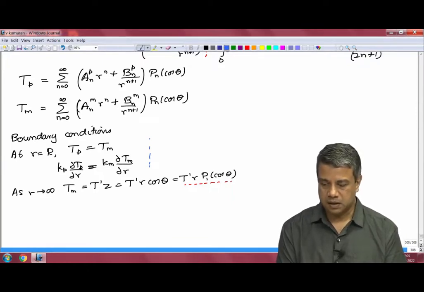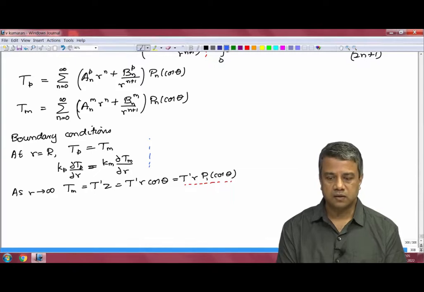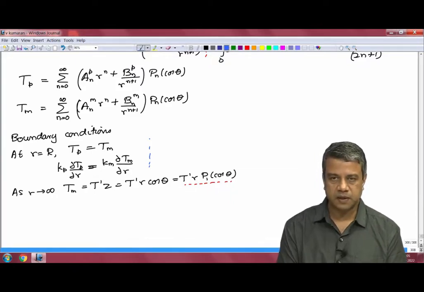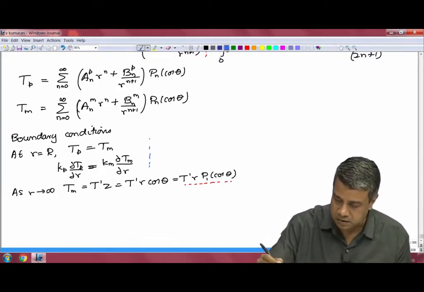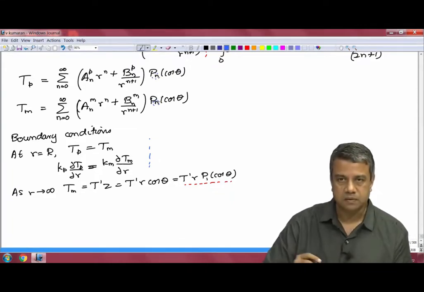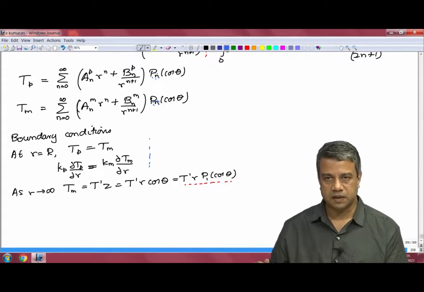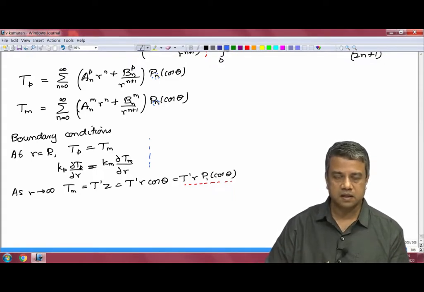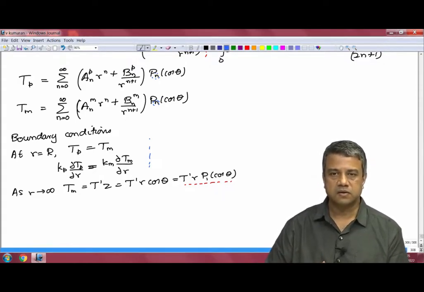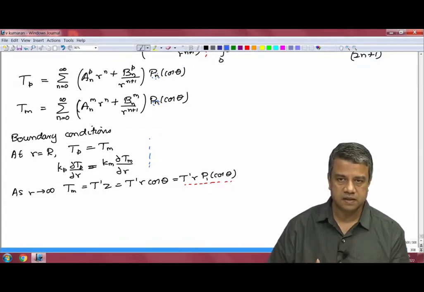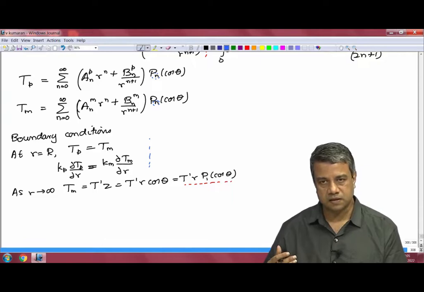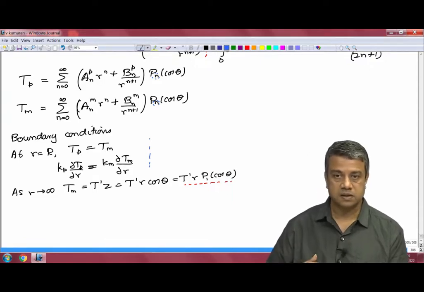And because of that, all the coefficients in this matrix except for P1, for all n not equal to 1, are all equal to 0, because there is no forcing at infinity and the coefficients are related at the surface. Therefore, setting those coefficients to 0 identically satisfies the conditions at the surface as well as the conditions at infinity as well as the equations.